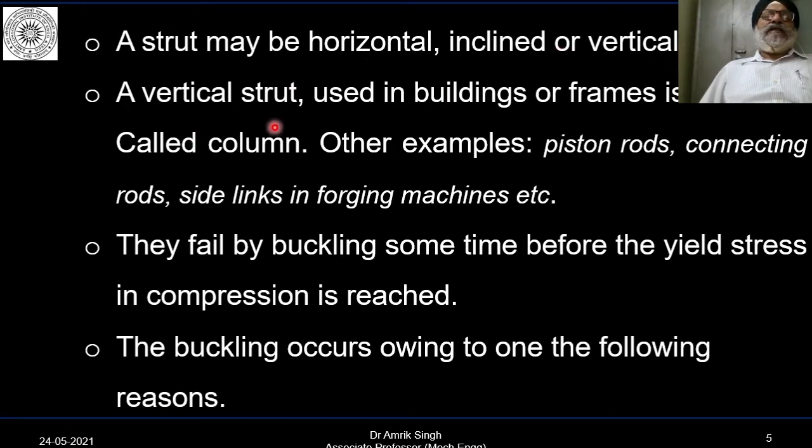A vertical strut used in buildings or frames is called a column. Other examples are a piston rod that you see in an engine, a connecting rod, a side link in forging machines, etc.